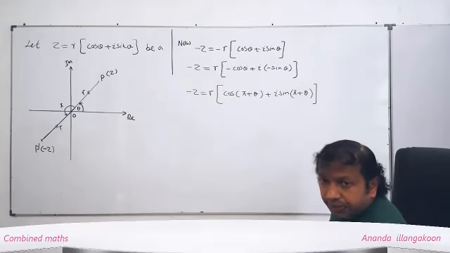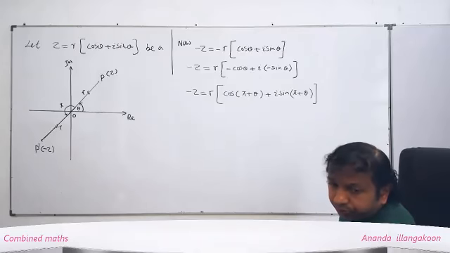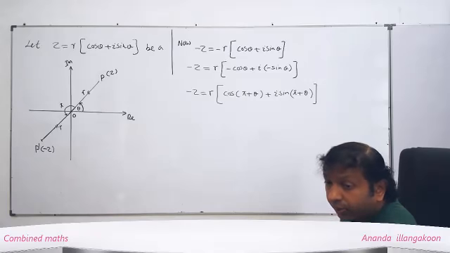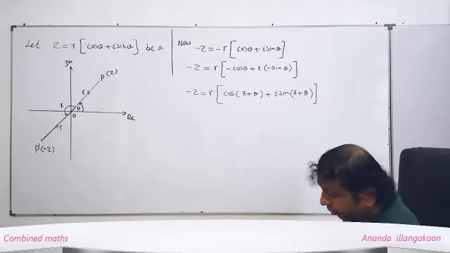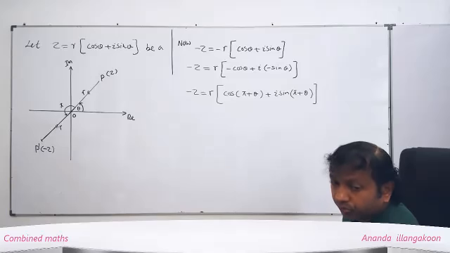Right, then we'll write one sentence like this. Therefore, the minus z complex number can be obtained by rotating the line segment OP about the point O by an angle pi.